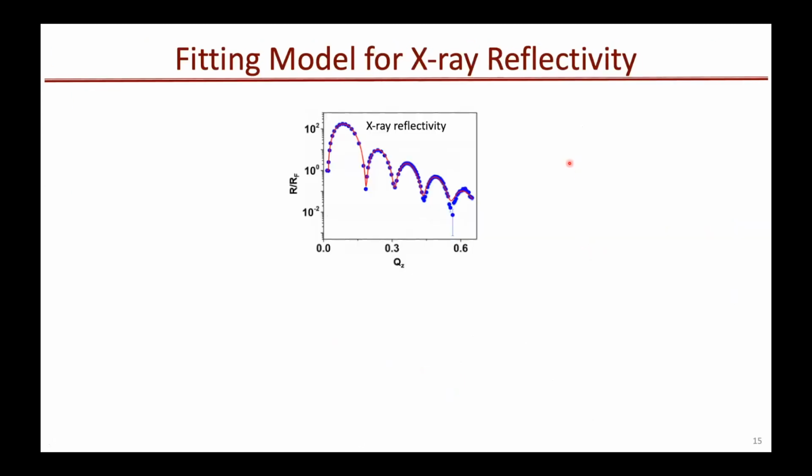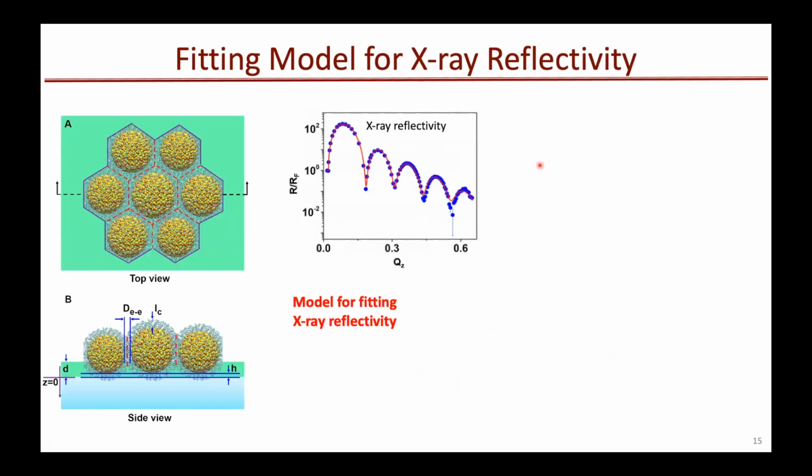And now I'll talk about the X-ray reflectivity. It's a quite complicated model. We do the forward electron density distribution, and then we allow the free thiols to fill between the nanoparticles, and we allow the particles at the interface and introduce a height parameter between the core and the surface of water.